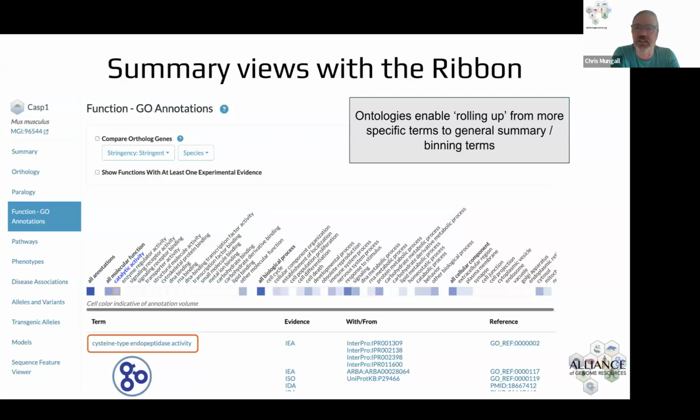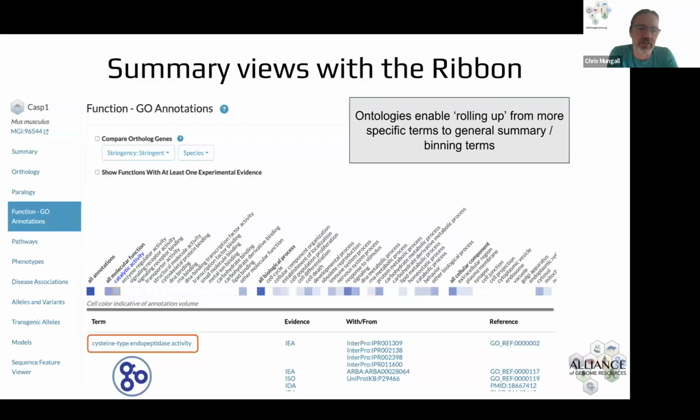The basic idea is that a curator can define ahead of time a set of high-level terms, maybe things like catalytic activity or enzyme regulator activity. And then what we can do is use this to roll up more specific annotations to these more general terms. And you can do nice things like highlight the density or the number of terms that have been annotated in each of those rows. And then you can zoom in on some of these areas if you want to know more details.